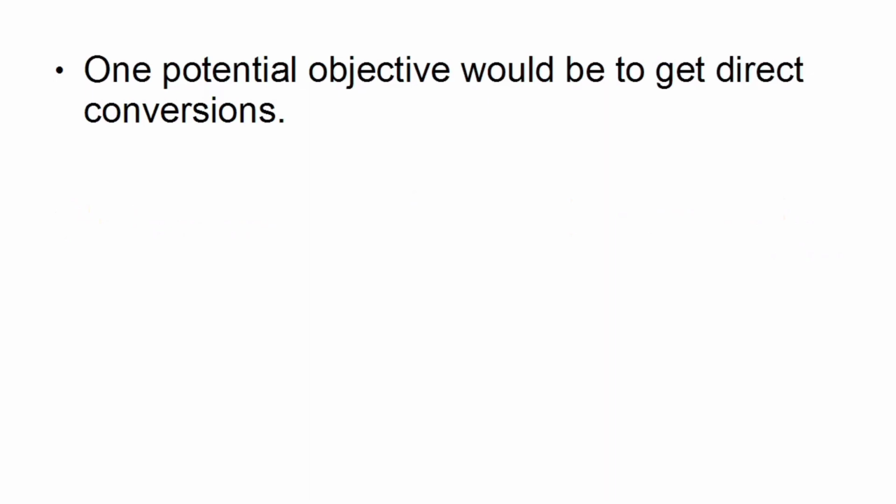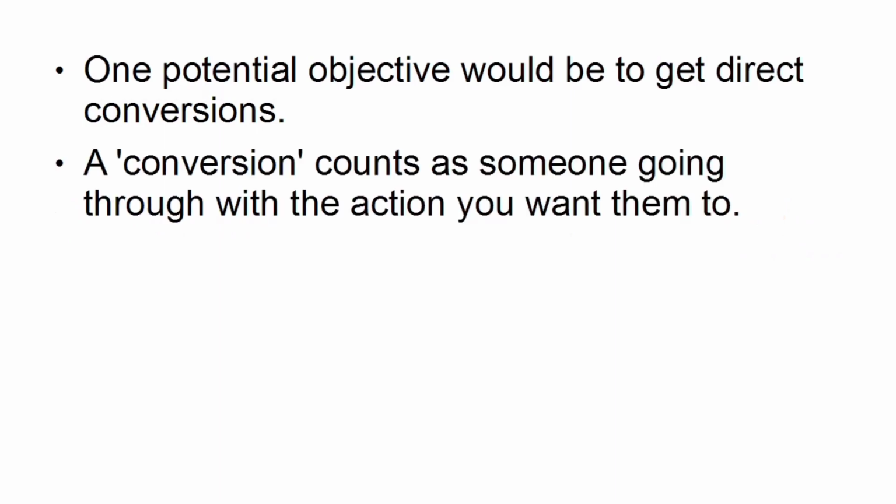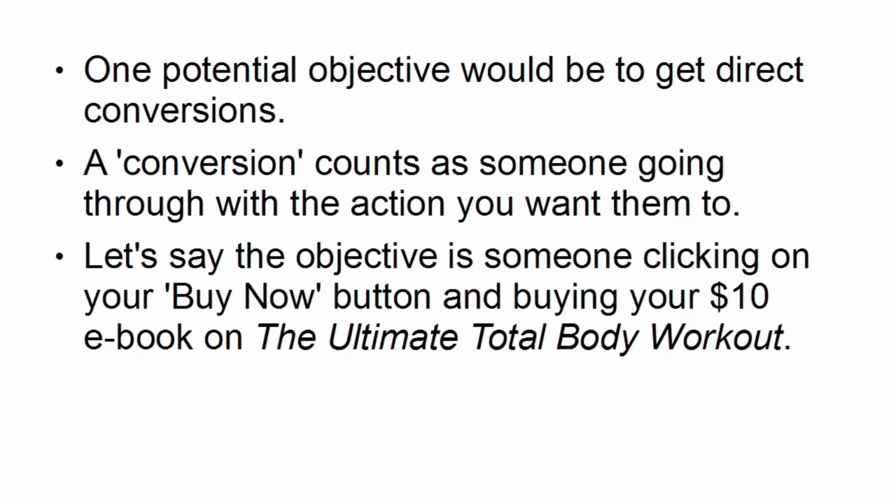One potential objective would be to get direct conversions. A conversion counts as someone going through the action that you want them to. So let's say the objective is someone clicking on your Buy Now button and buying your $10 ebook on the ultimate total body workout.